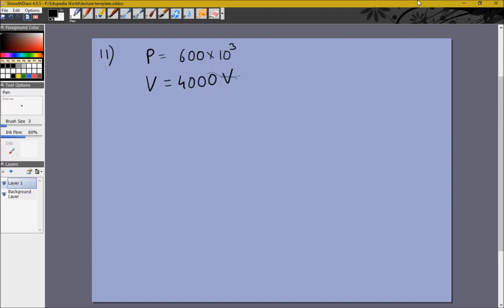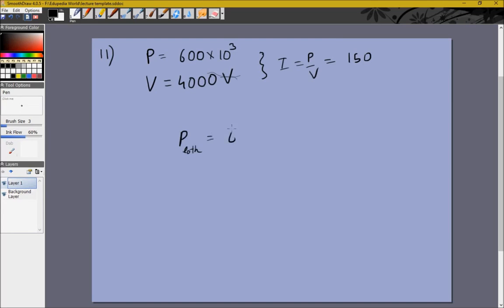So in the direct transmission, the power dissipation percentage is asked, right? So from these two we can get I is equal to P by V, which is 10 to the power 3 cancels with this, 600 by 4 is 150 amperes, right? So what is the power lost?